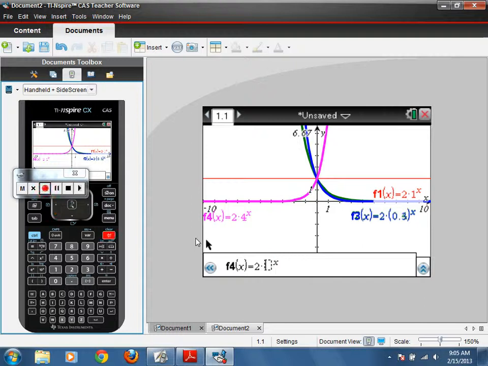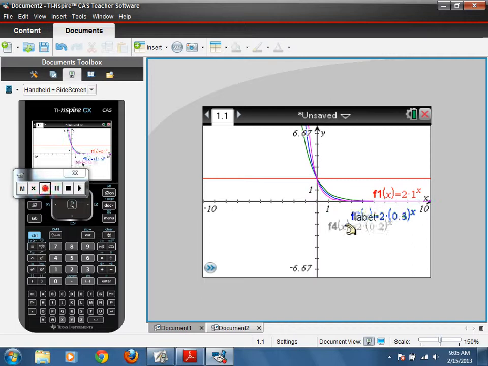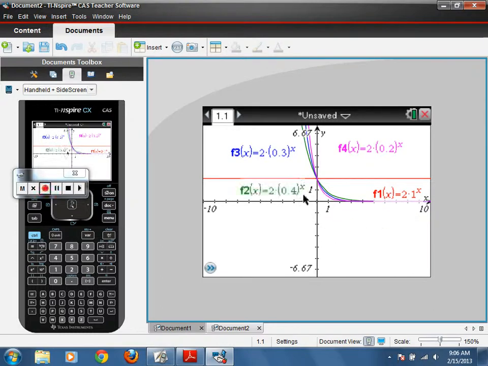Let's do 0.2. Okay, so what do we have here? 0.2 is in purple. 0.3 is in blue, and 0.4 is in green. So I'm guessing if I pick 0.5 or 0.6, it's going to get a little flatter even.